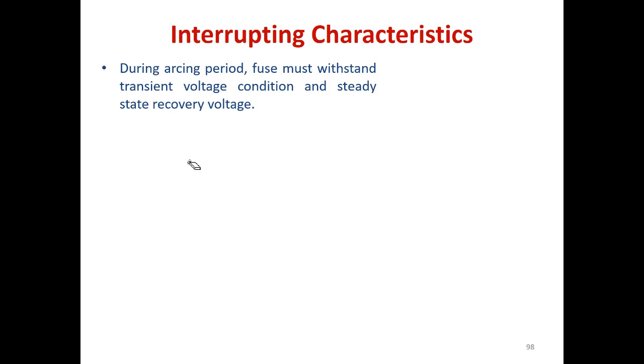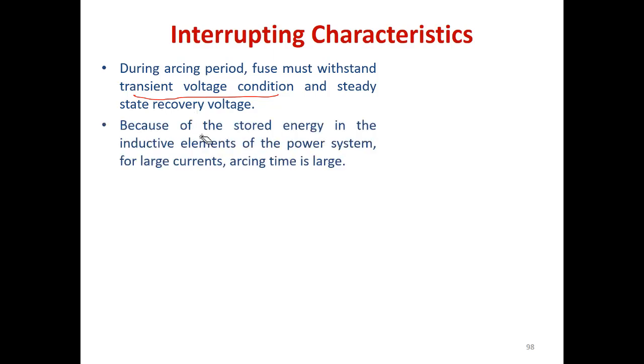This transient voltage happens because of the inductive element in the circuit, along with steady state recovery of the voltage. Because of the stored energy in the inductive elements of the power system, for large currents the arcing time is larger.